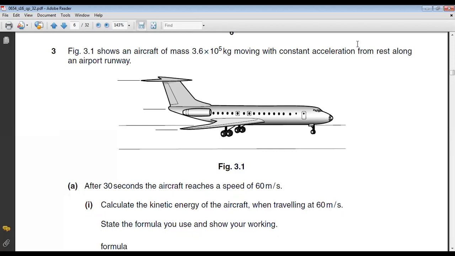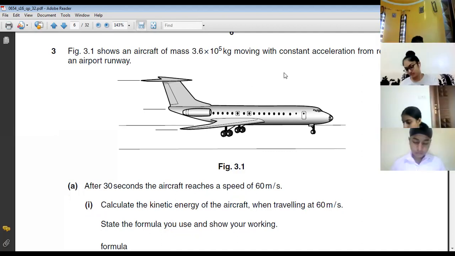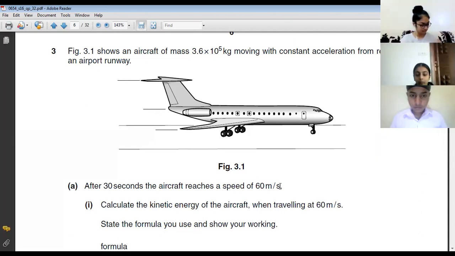A very simple question it is. What is the formula of kinetic energy? Who is going to tell me? 1 by 2 mv square. 1 by 2 mv square, very good. Now you are going to apply the formula. Mass is given to you, at the top, 3.6 into 10 raised to power 5 kilogram. Velocity is given to you as 60. Square the 60.